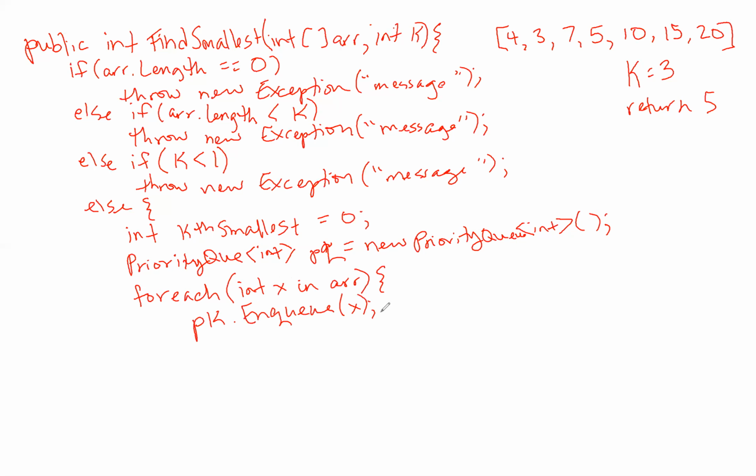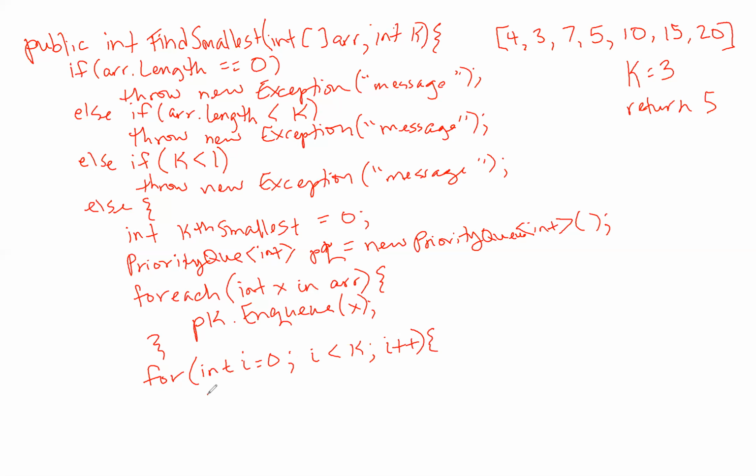Then our next loop is going to be a partial loop. It won't go through the entire array unless k is equal to the length of the array. So i equals 0, i is less than k, i plus plus.